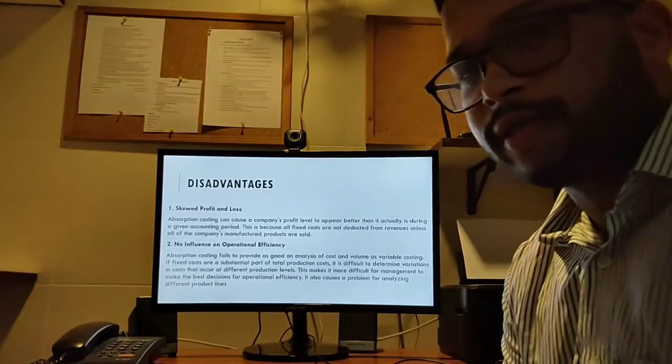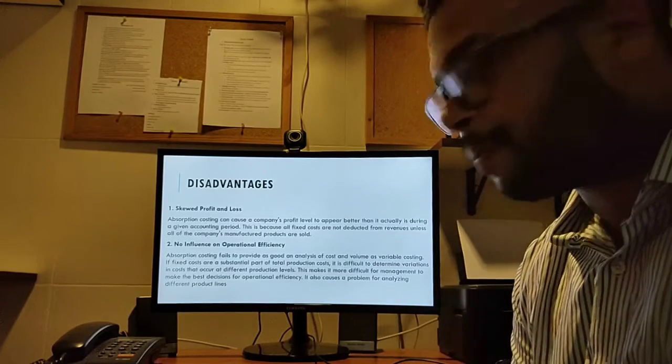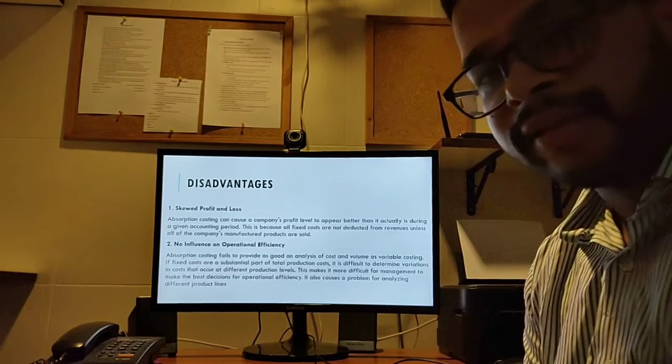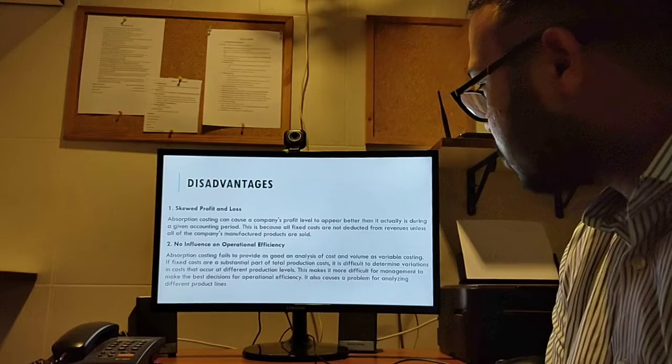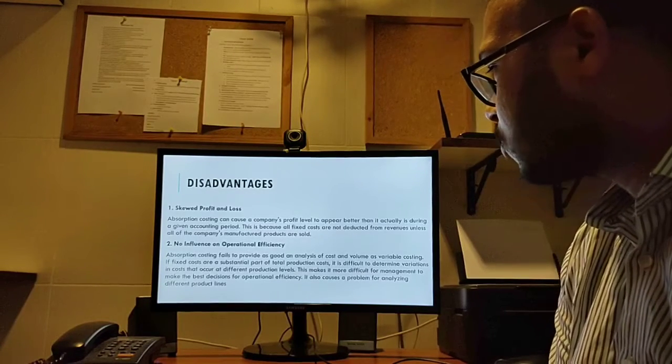Now, the disadvantages. First, you have skewed profit and loss. Absorption costing can cause a company's profit level to appear better than it actually is during a given accounting period. And why is that? This is because all fixed costs are not deducted from the revenue unless all of the company's manufactured products are sold.